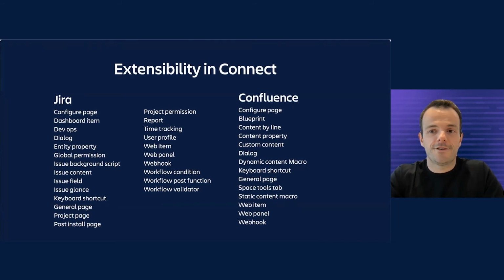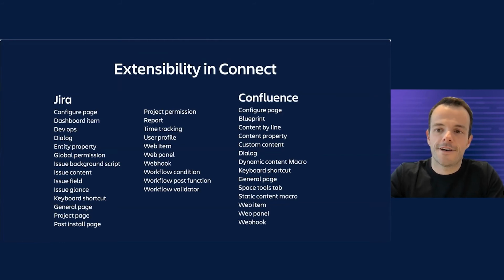I mentioned earlier that Connect had a narrower breadth of extension points than Server, but they're still pretty broad, as you can see, and we're still catching up. So we're rebuilding everything from the ground up with Forge, and that just takes a little bit of time.